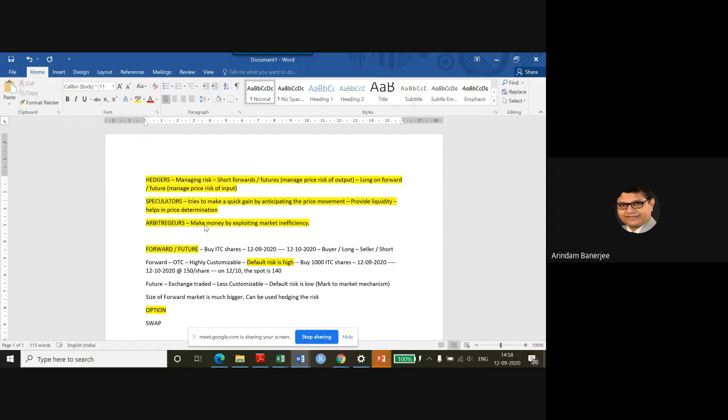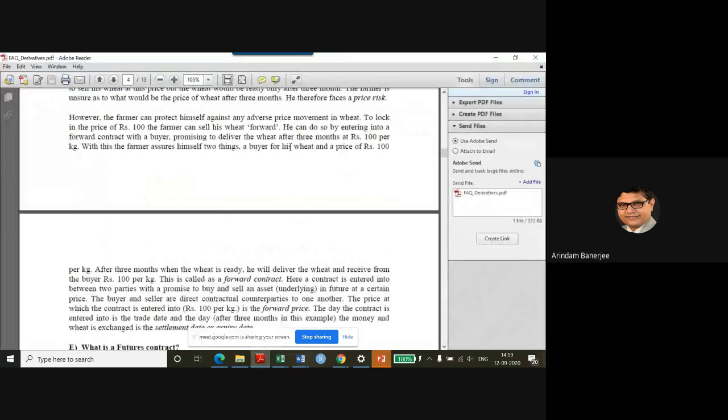Sometimes market inefficiency arises, maybe because of lack of information or some technical issue, for a very short period of time. So arbitrageurs exploit these market inefficiencies to make some quick money. In arbitraging, speed is the most important factor. Now, here also, in our example, he is managing the price risk.